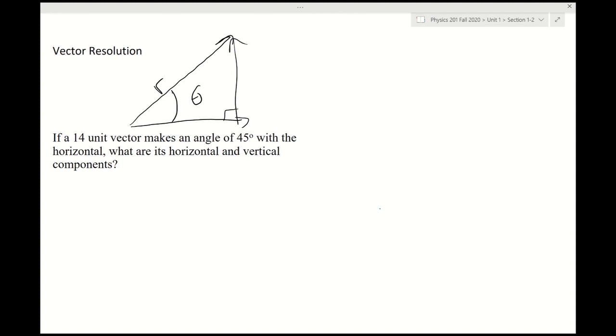components. Okay? It's written this way in what we call polar, or sometimes called r theta notation, where r is its magnitude and theta is a direction, an angle.